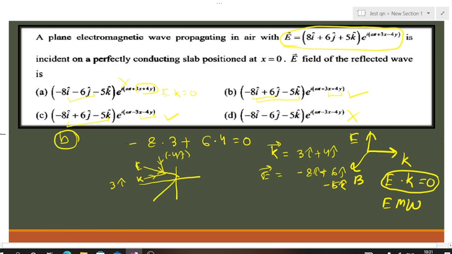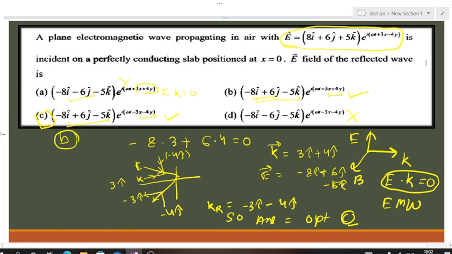So our reflected wave should be like this: minus 3 i cap minus 4 j cap. So k reflected is equal to minus 3 i cap minus 4 j cap. In which option is it matching? That is option C. So the answer is option C.